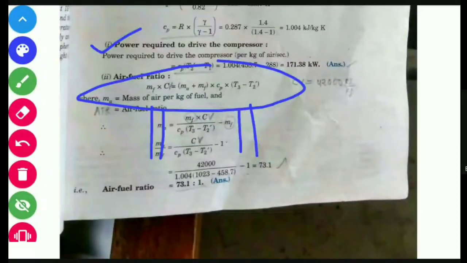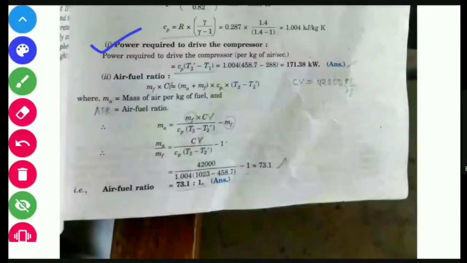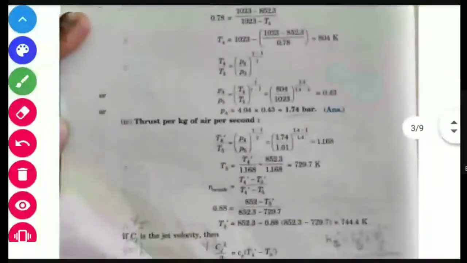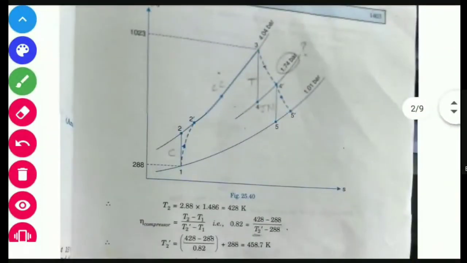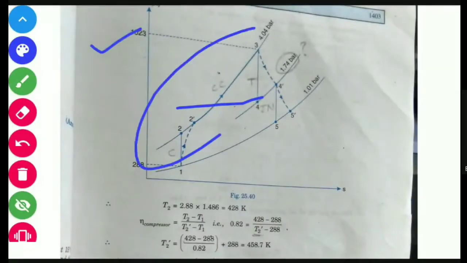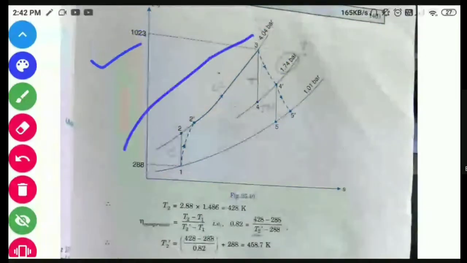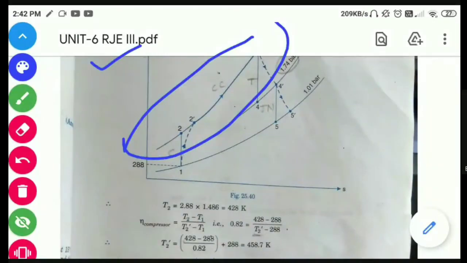Mf into CV is the heat supplied, and the same heat is supplied to the combustion chamber, giving this equation, MCp delta T. You can see the figure here, where the combustion chamber is in between 3 and 2, that's why it is MCp(T3 minus T2).